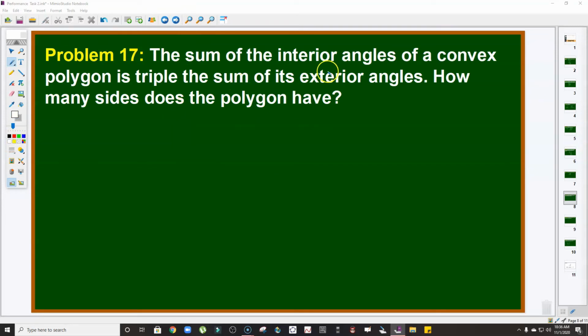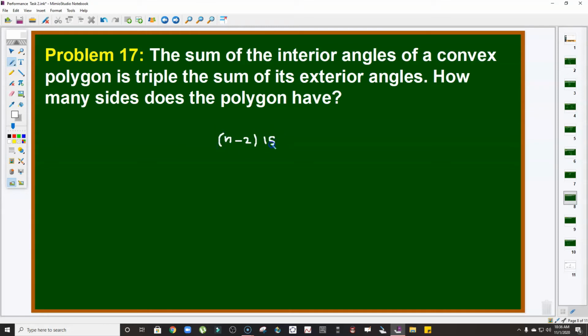Okay, problem number 17. The sum of the interior angles of a convex polygon is triple the sum of its exterior angles. How many sides does the polygon have? Take note, the sum of the interior angles of a convex polygon is given by this formula, (n minus 2) times 180.